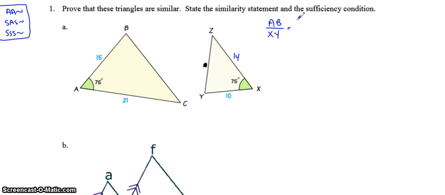So that is equal to 15 over 10, which is 3 over 2 in those terms. The next side is AC, and it's proportional. Again, you gotta get the letters right. It's going from the 75 to the blank angle, and it's the longer side. That will correspond with XZ.